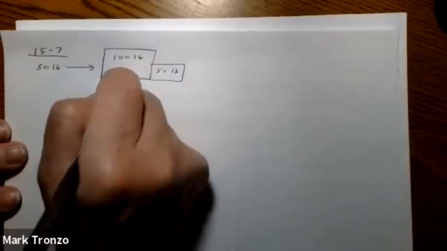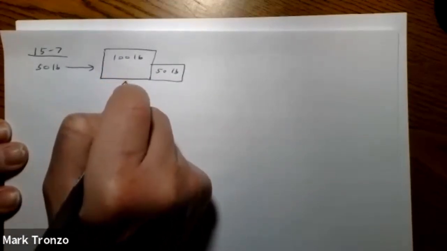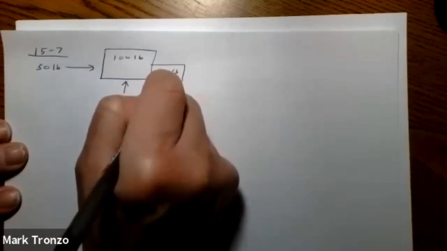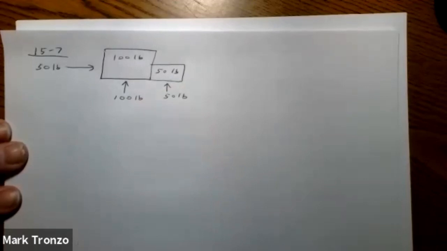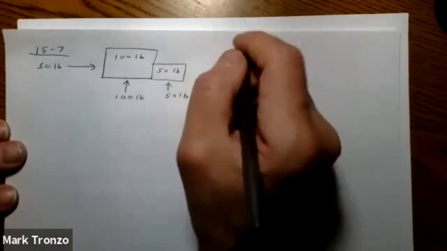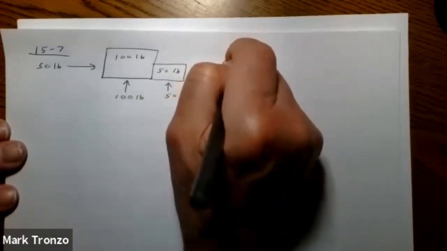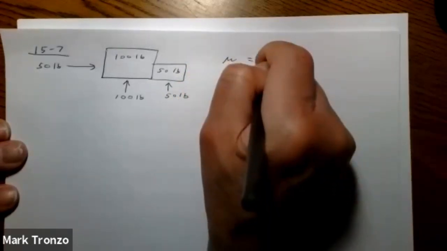And you remember one thing nice about when you're in pounds, the normal force is also going to be in pounds. So it's going to be like 100-pound force here, 50-pound force here. And then the friction: mu k is given as 0.25.